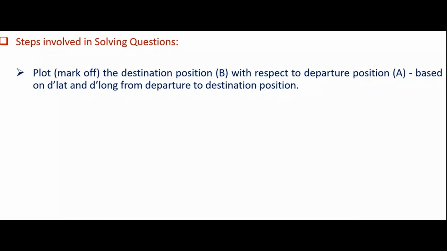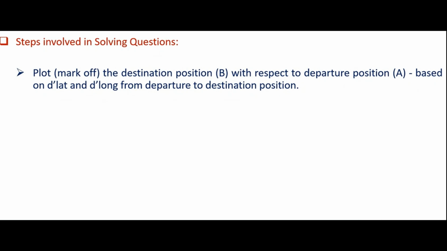It means that depending on the D lat from A to B, we decide whether B would be marked north or south of A. So if D lat is north from departure to destination, then B is marked north of A. If D lat is south, B is marked south.